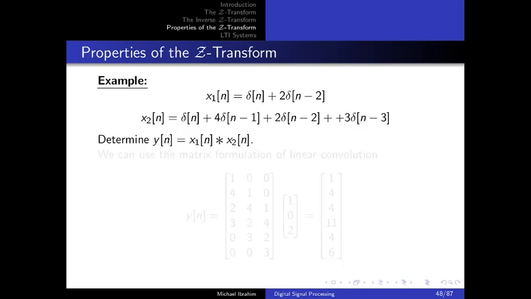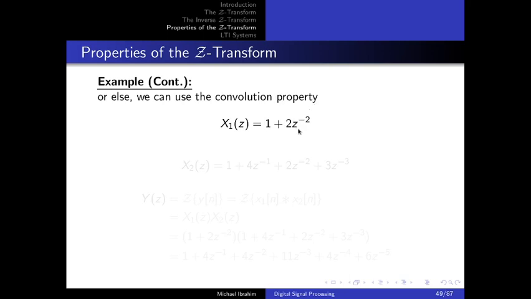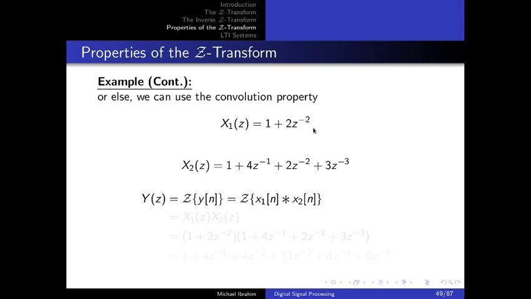Okay, so doing the Z transform from the lookup table, delta of n will have transform of 1, and delta n minus 2 would be z to the power minus 2. So it's 1 plus 2 z minus 2. Same for the second sequence. We multiply these together, because we want to find y of z, which is the z transform of y of n. So the z transform of the linear convolution is a multiplication, as the property says.